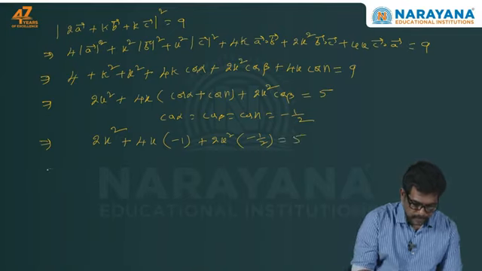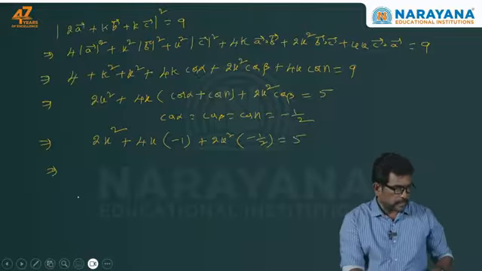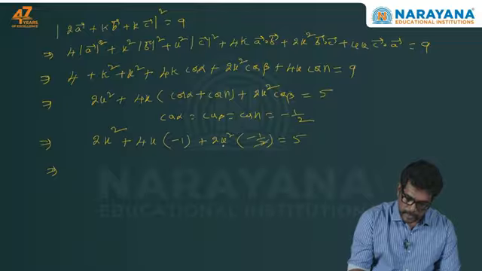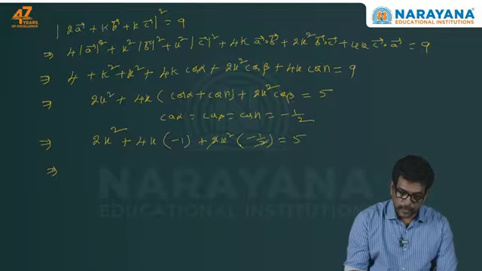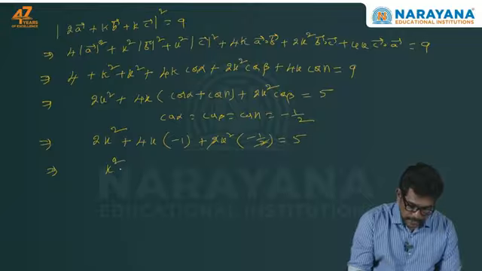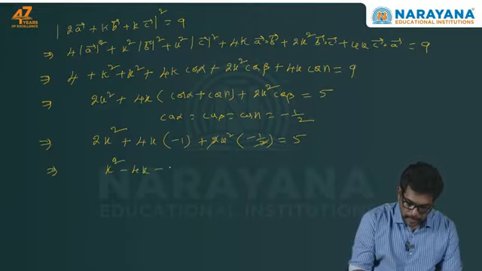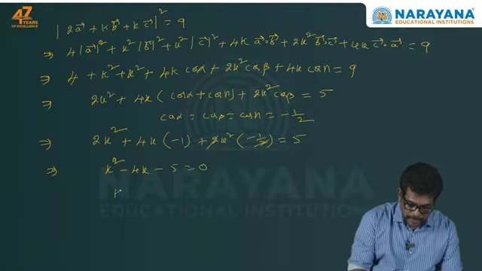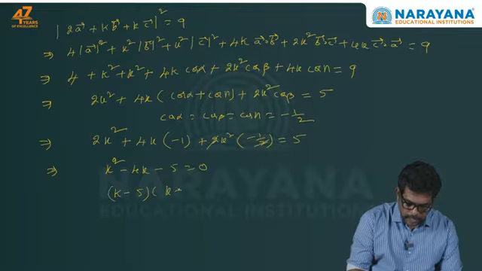We substitute here: 2k square plus 4k into minus 1 by 2 plus minus 1 by 2 minus 1 plus 2k square into minus 1 by 2 is equal to 5. By simplifying, 2k square minus k square becomes k square minus 4k minus 5 is equal to 0. By factorizing, k minus 5 into k plus 1 is equal to 0.